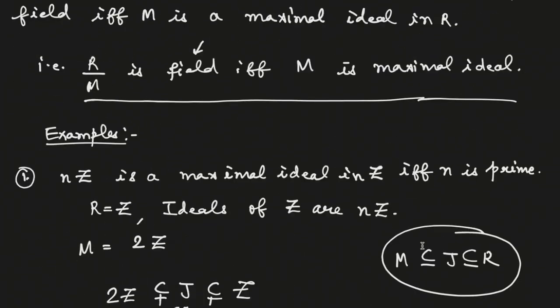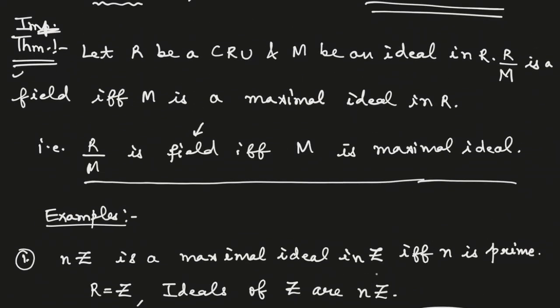So in general, NZ is a maximal ideal in Z if and only if N is prime.